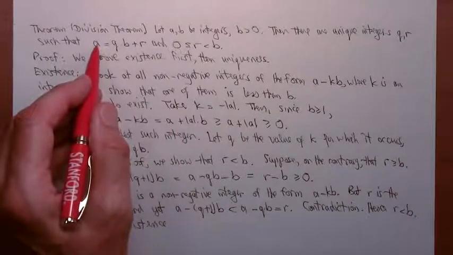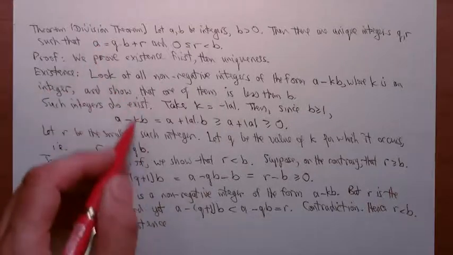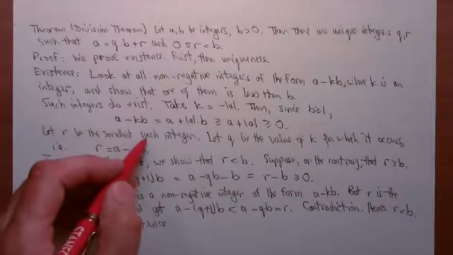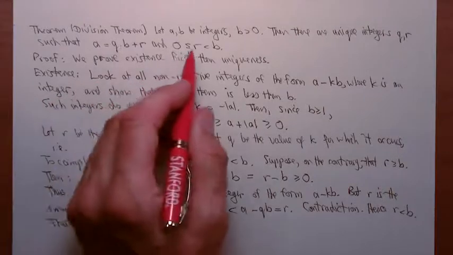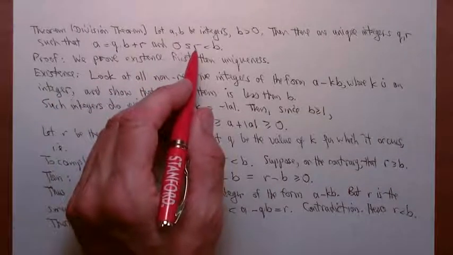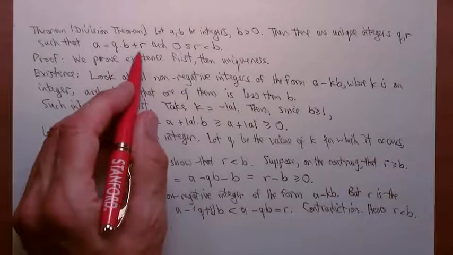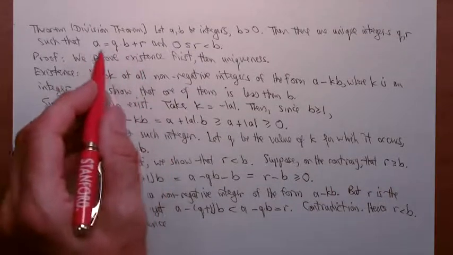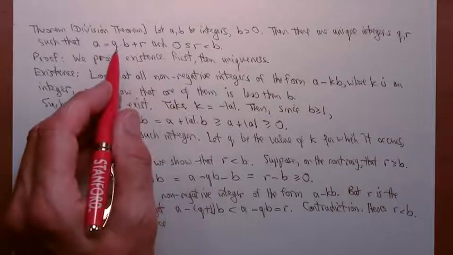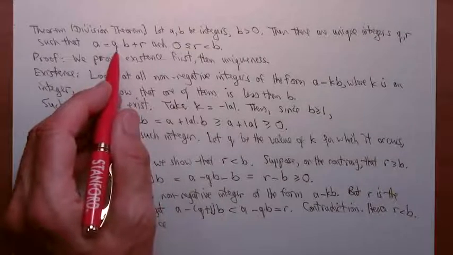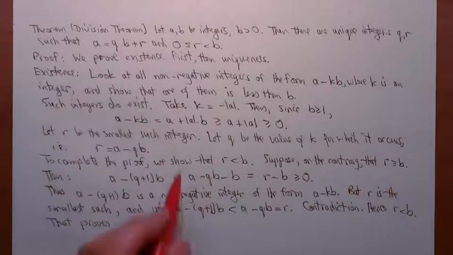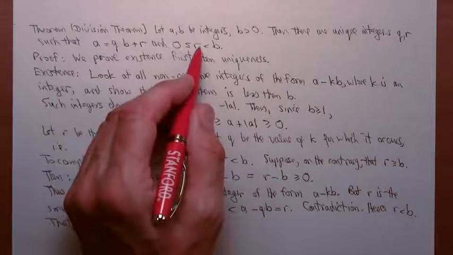First of all, we have to show there is a possible candidate, and we do that by exhibiting one. Then, to get a candidate which satisfies this additional requirement, we pick the one where r is the smallest, the minimal value of r that gives us one of these things.